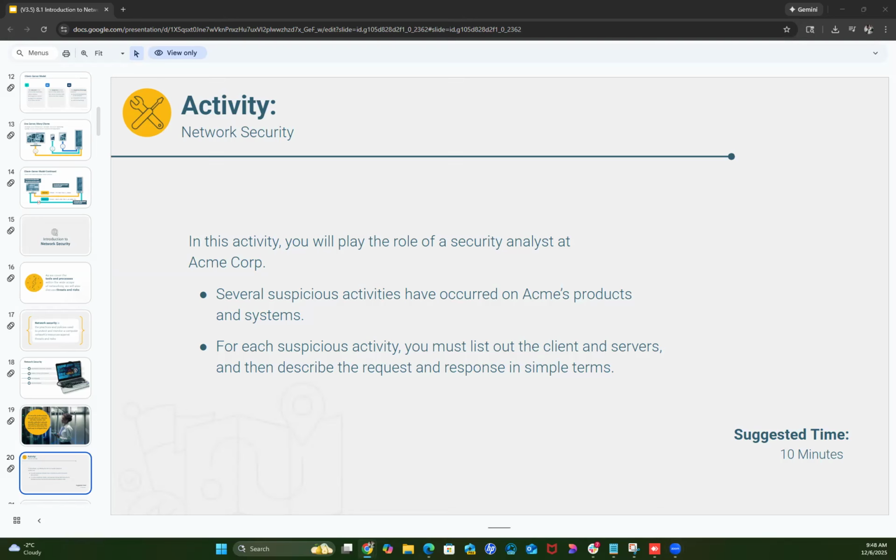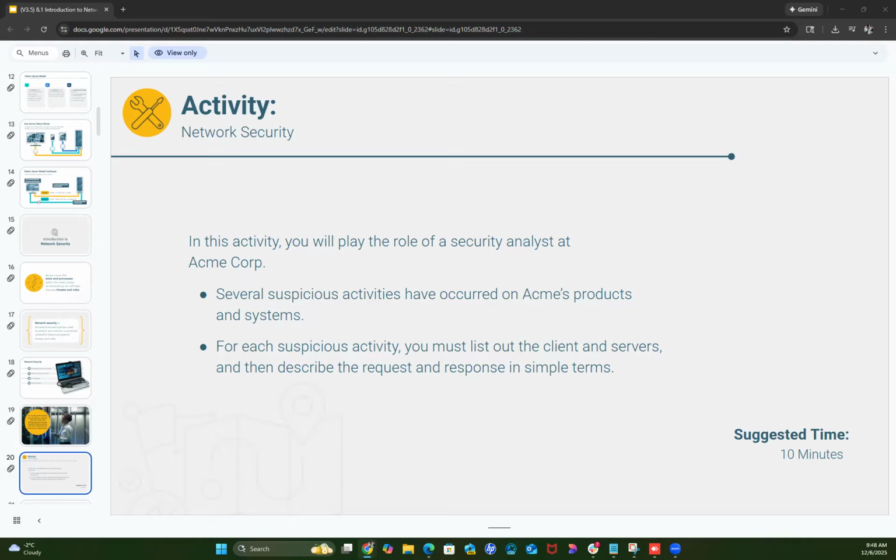Just answer this: what is the client in here? Scenario one. Hacker's computer. A computer is not a client; a computer is a node. What is the client in here? Is it the hacker?